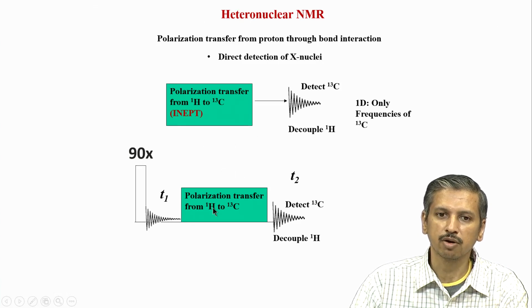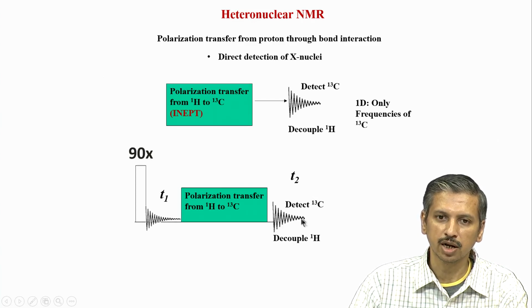We have to go for 2D heteronuclear NMR. So, now let us look at how it works. This is a schematic here. Again, here we are detecting carbon, but this is not a very popular experiment in solution state NMR. In solids, yes, it is sometimes done like this, but in solution state NMR we have a few additional steps, because we come back to proton.